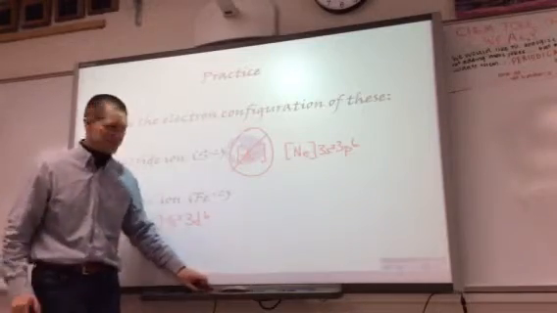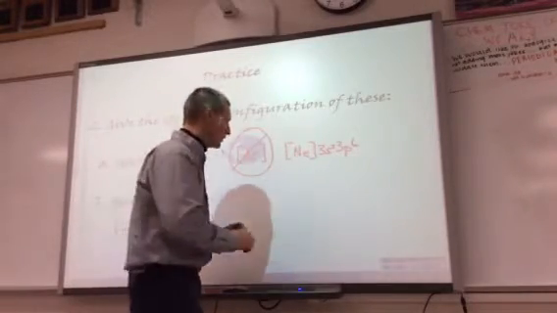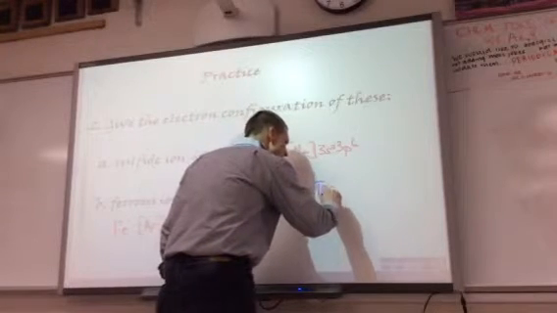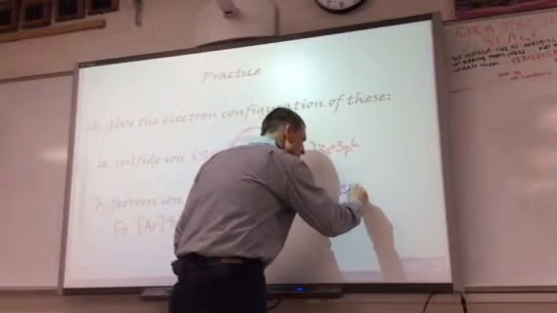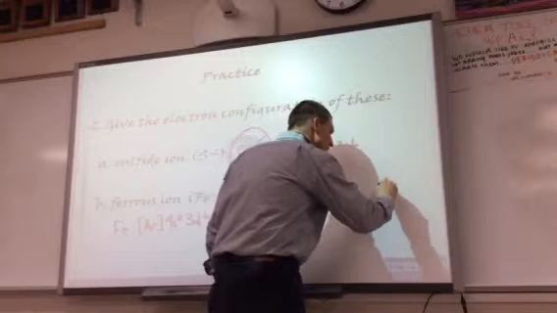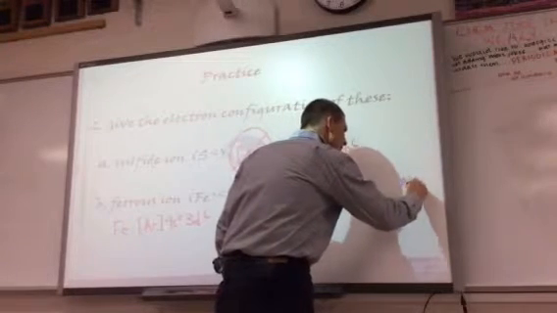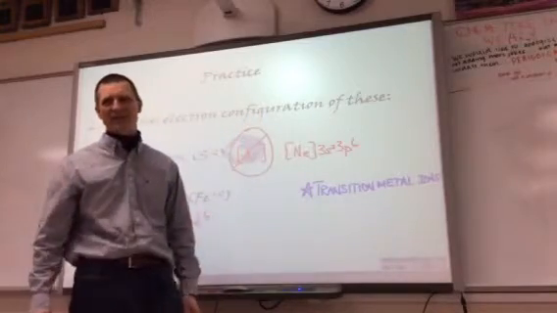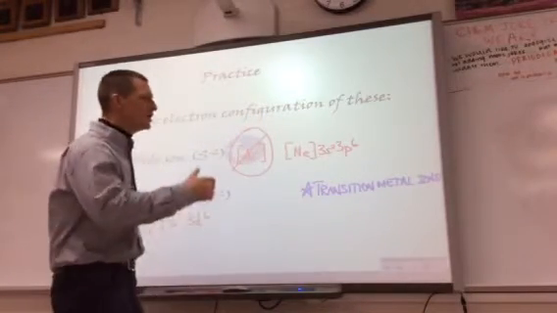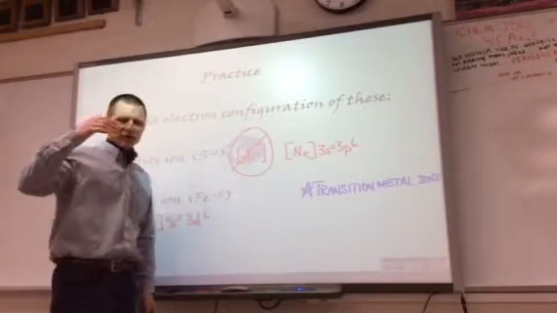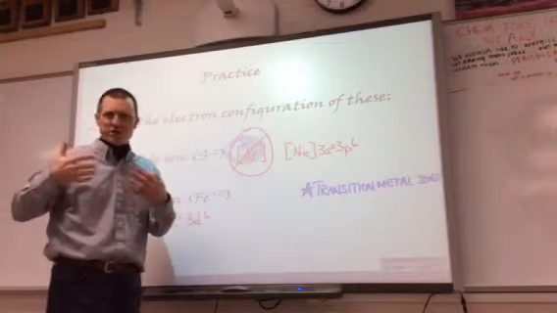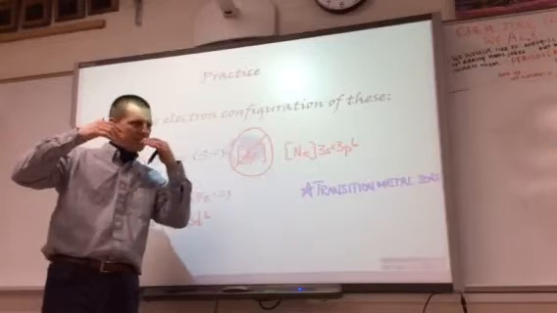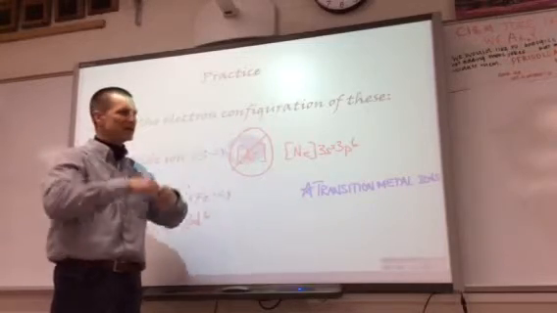That's why I wanted to show you this one. Make a note for yourself over here. Transition metal ions, which this is. I'm afraid I can't even tell you why this is. Because when we learned the order of filling electrons, you were told, and I was told, that the D is a higher energy level than S. So we put the next energy level as S, and then we put the D in there.